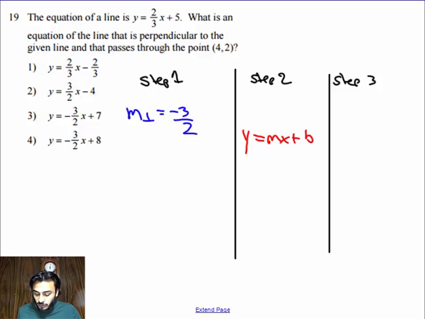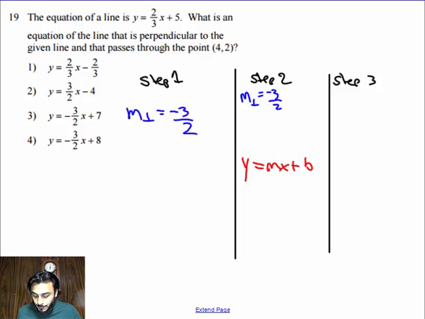Of course, we will substitute the m we just got, the slope of the perpendicular line, which is -3/2. And we have to substitute for x and y. Now, let me show you where the x and y comes from. The x and y comes from the point that line has to pass through. So that means x = 4 and y = 2. That's where it's coming from.